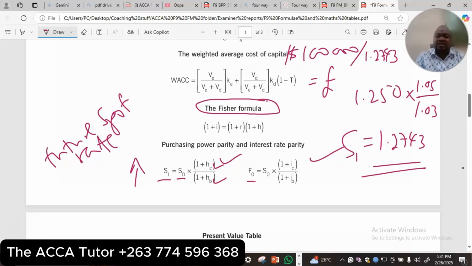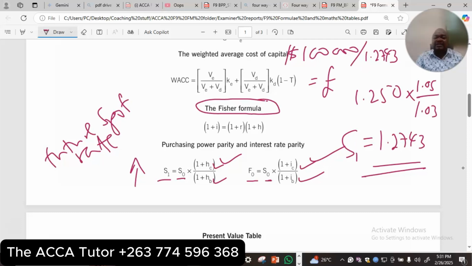So F0 is actually the forward rate, which is equal to the current spot rate, and we then use the 1 plus IC. This is the interest rate of the foreign country, divided by 1 plus the interest rate of the base country.